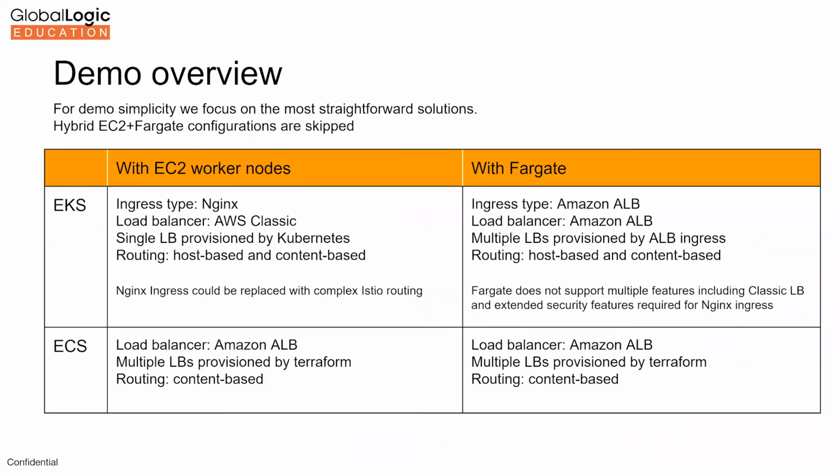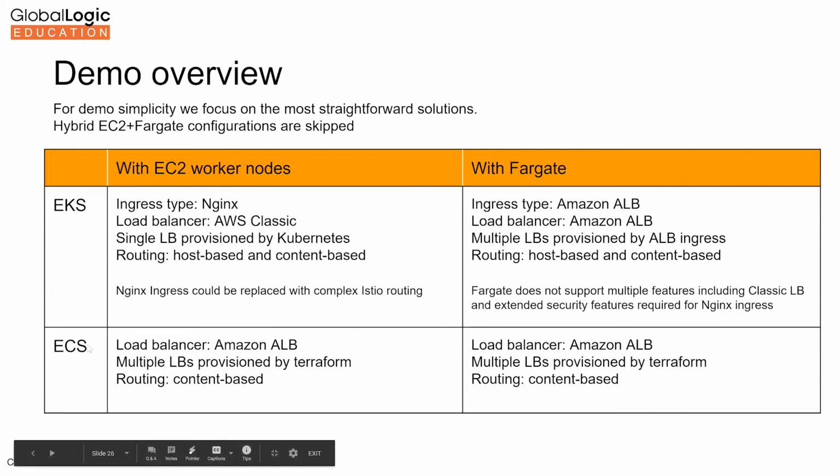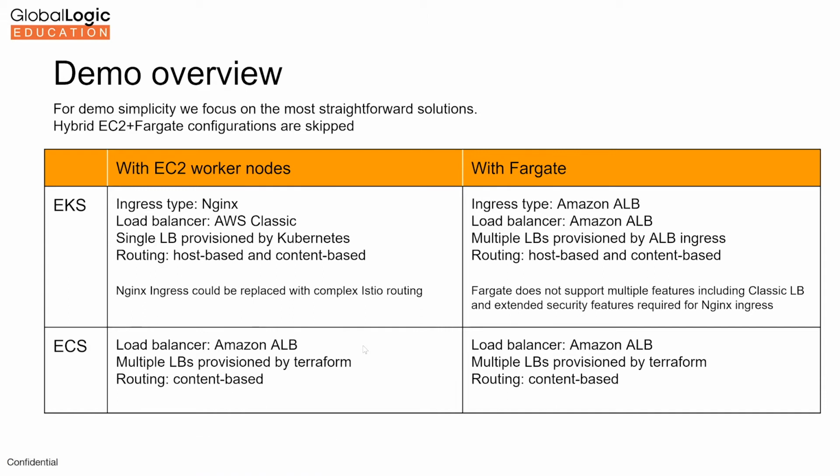So getting closer to the demo, initially I said we will cover 4 different use cases. Let me just quickly go through them. Starting with ECS. With ECS, you have the only solution for load balancing. It's Amazon ELB, and it's pretty straightforward, like some native feature provided by Amazon. We also provision multiple load balancers because I will deploy at least 2 services inside every cluster.